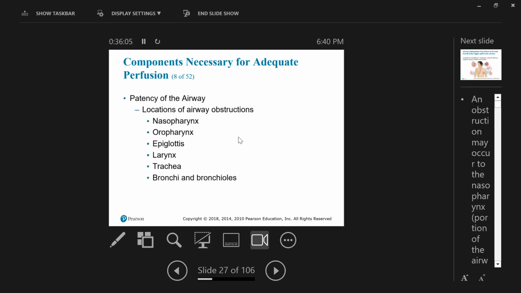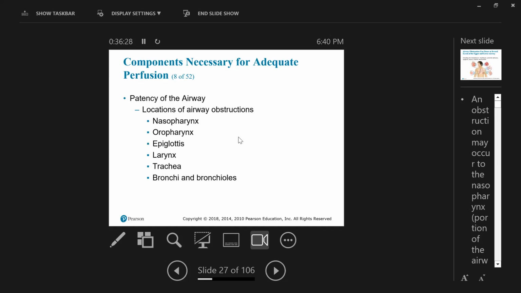Okay, locations of airway obstructions. It could happen in the nasopharynx. But if it happens in the nasopharynx, guys, you can still breathe through your mouth. I know a lot of people that are mouth breathers. Okay. The oropharynx, the epiglottis. The epiglottis could be because of a disease, or it might close up or get inflamed, whatever.